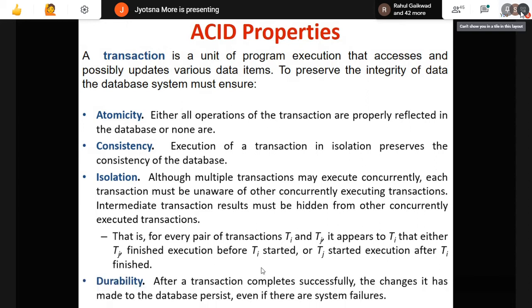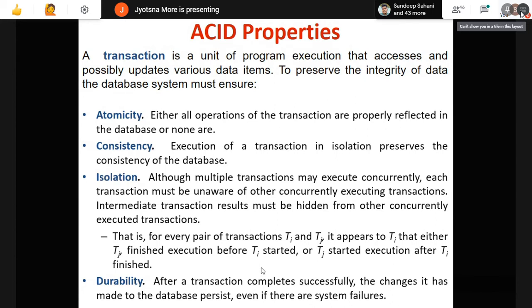Durability. After a transaction completes successfully, once the transaction has executed completely, the changes it has made to the database persist even if there is a system failure. You know this concept, right? Maybe you have studied it in programming or the programming languages.